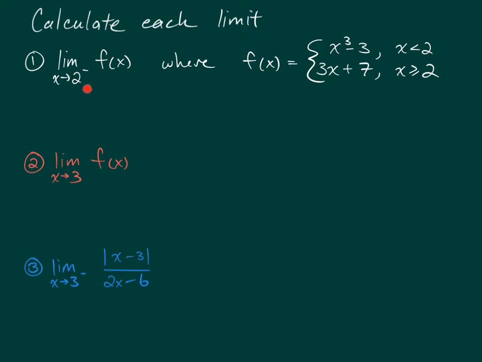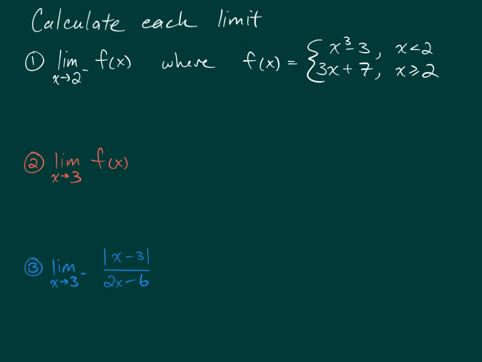We want to know the limit as x approaches 2 from the left. We can use that to find out which domain we will be in. So x is less than 2 means that this graph exists to the left of 2. So we will use this top function here.